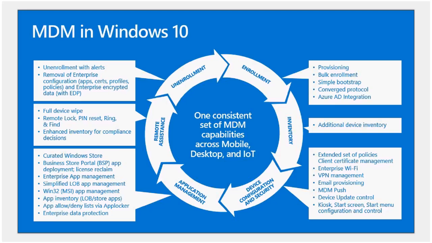So you use the business store to get the licenses, MDM to push them out to the devices. You'll also be able to use MDM to build your own curated store, so basically your own private store, and let MDM handle the pushing of the application, either doing that itself through side loading or also leveraging the business store and Windows Store infrastructure to have the apps pushed out like that.